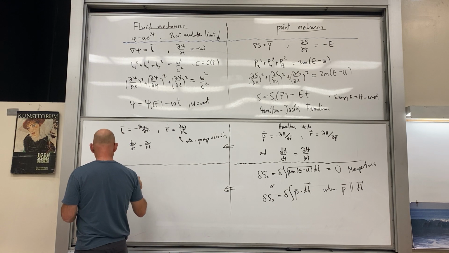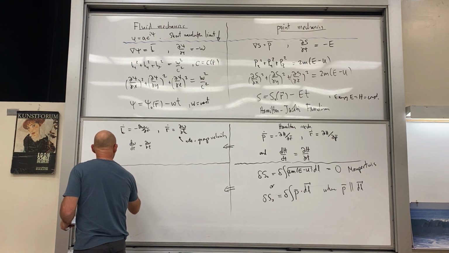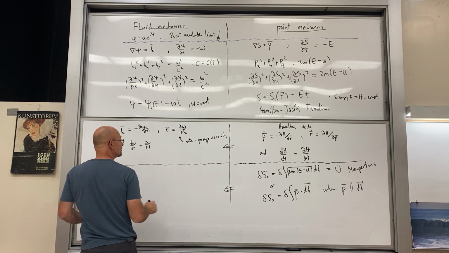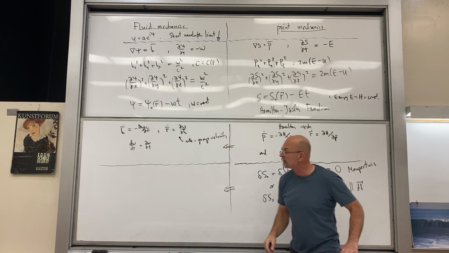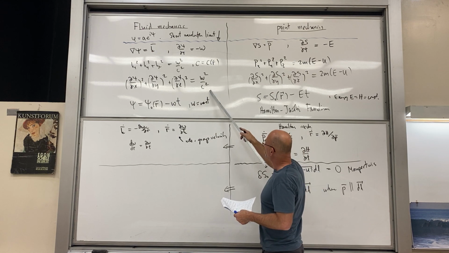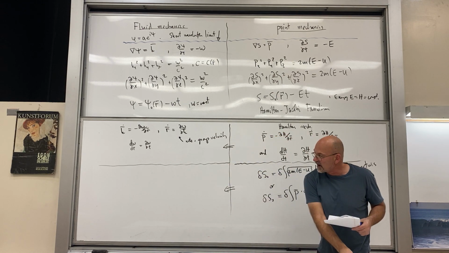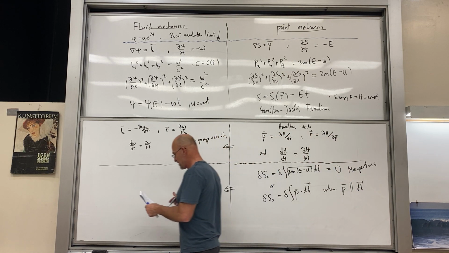We have, remember, this is the right side here, omega squared over c squared. So that's the object that's going to be in our equation.